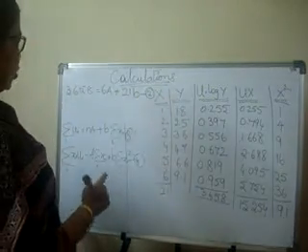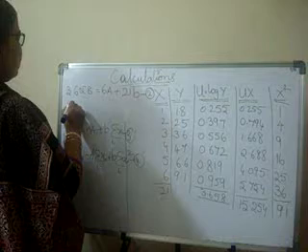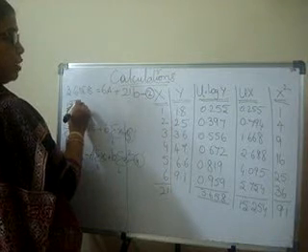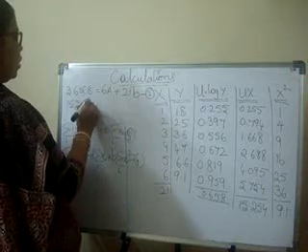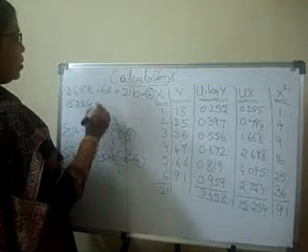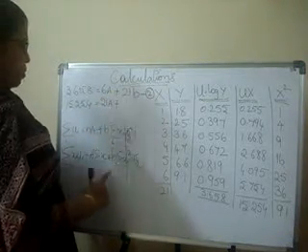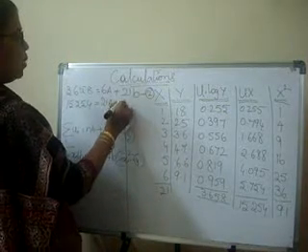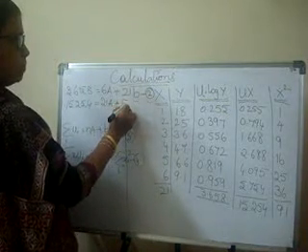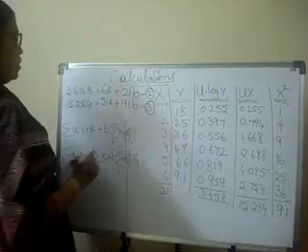And what is equation number 3? Summation xi ui, the value is 15.254, is equal to 21a plus summation xi square, 91b. This is equation number 3.